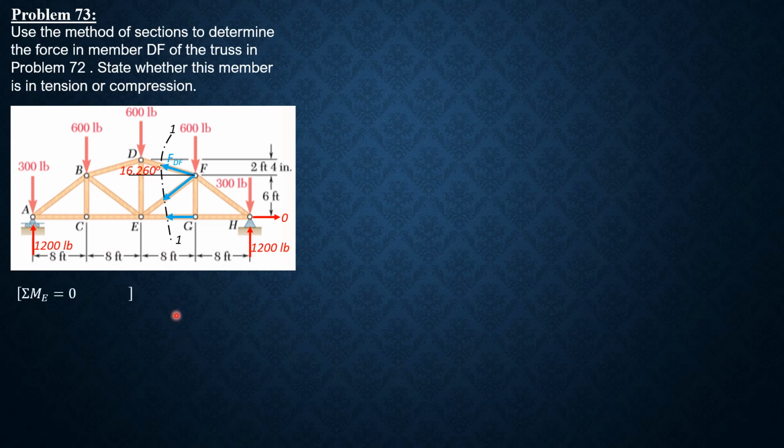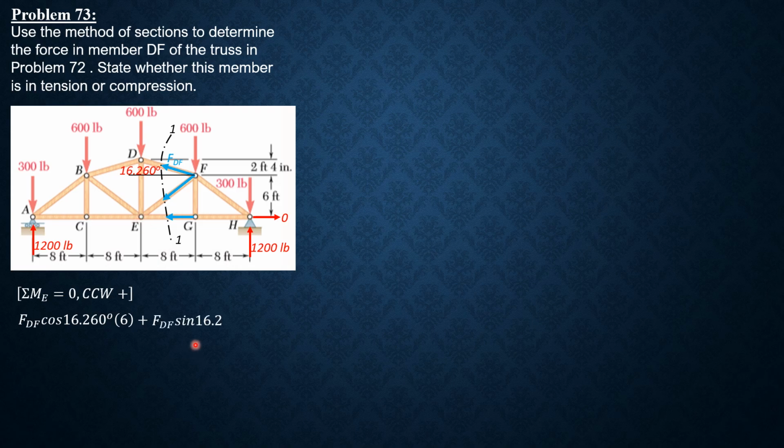Summation of moments about E equals 0, considering all forces to the right of this section, counterclockwise positive. We have FDF cosine of 16.26 degrees, the moment arm is 6 feet, that's the moment of the horizontal component, plus FDF sine of 16.26 degrees times the moment arm of 8 feet, then plus 1,200 times 16 feet.